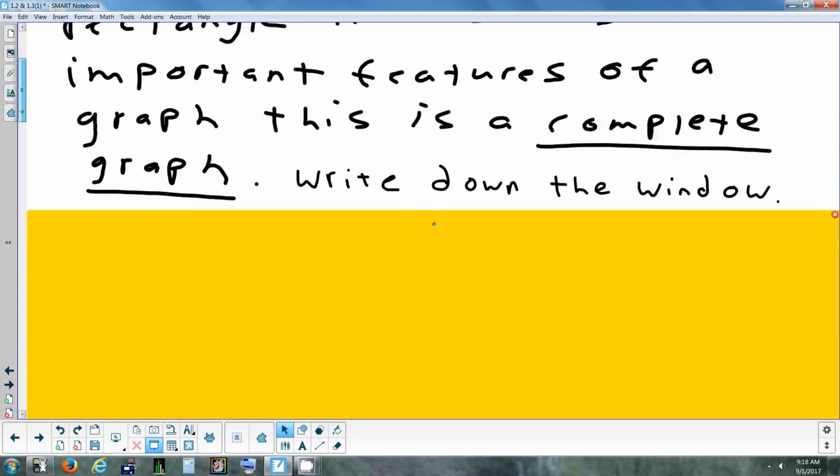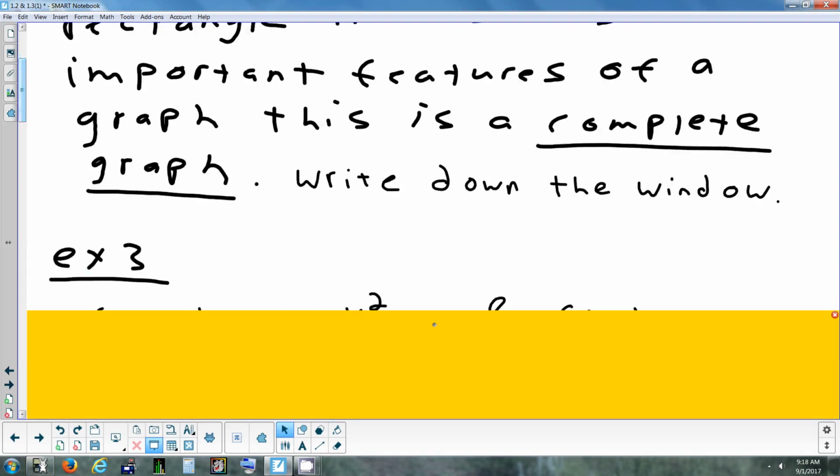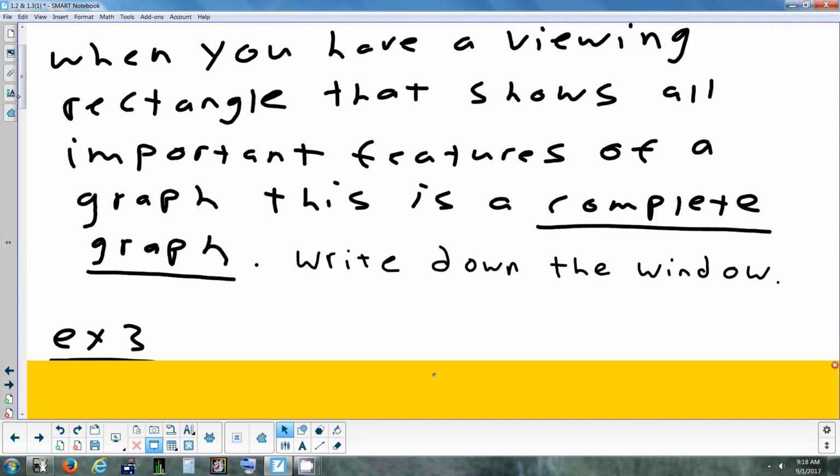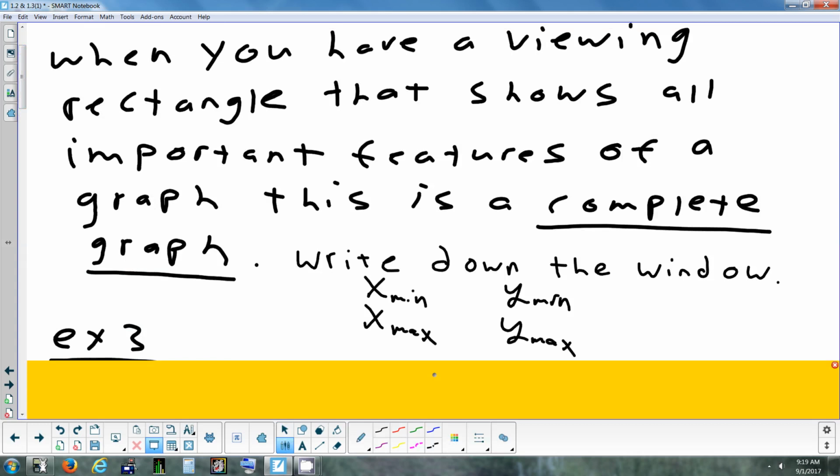So when they ask you to find a complete graph, all you have to do is write down 4 things that are in the window. Tell me what you used for x min, x max, y min, y max.